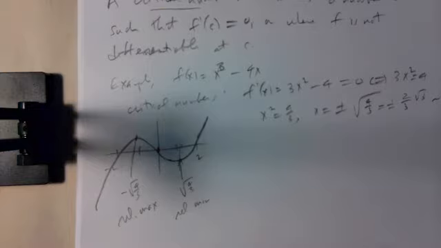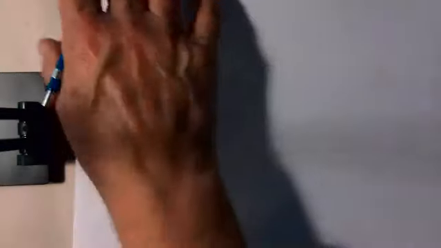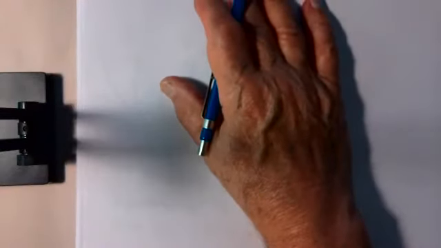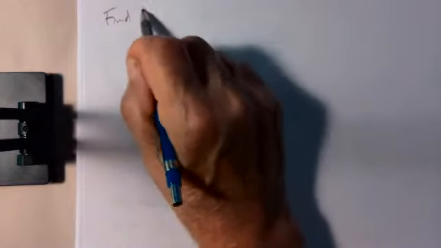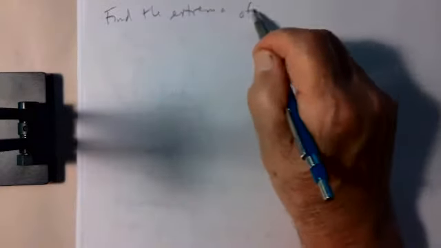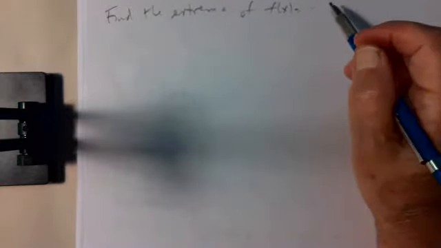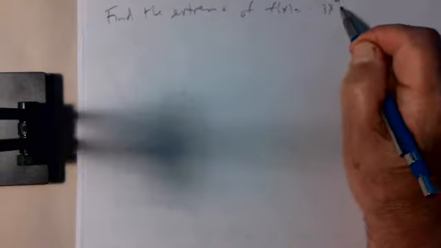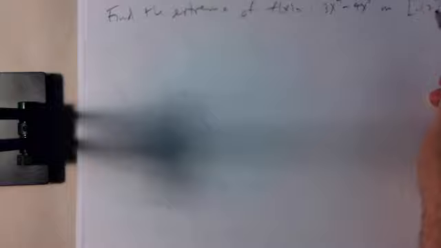And a very important problem is to find the extrema, relative maxima, relative minima, absolute max, absolute minimum on an interval. So find the extrema of the function f of x equals 3x to the fourth minus 4x cubed on the interval from -1 to 2.